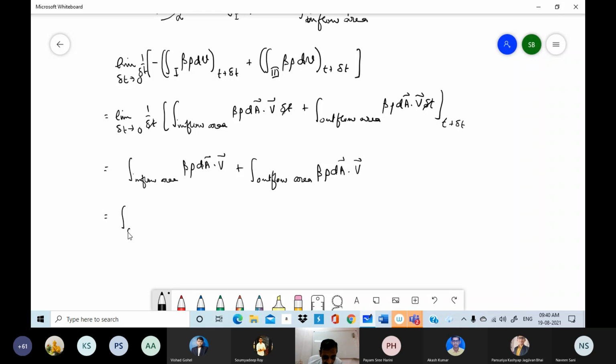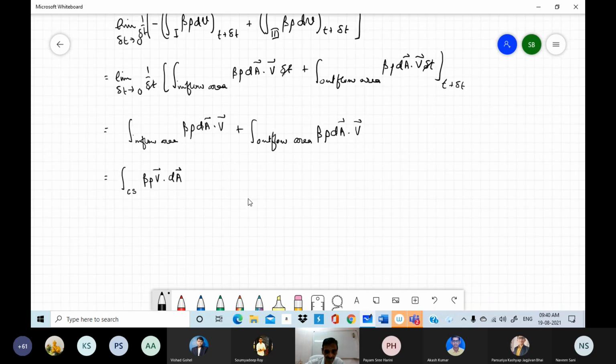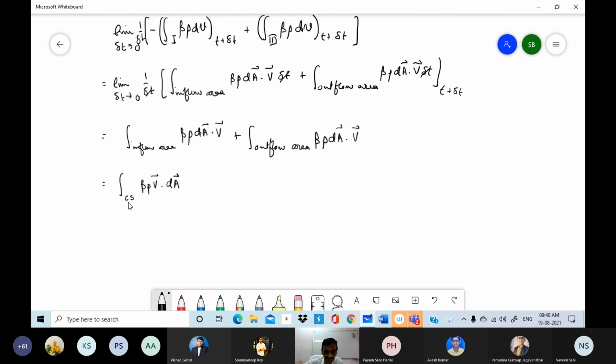So CS denotes control surface. Control surface is the boundary of the control volume. So this was at t plus delta t. So this to leading order, it is the value at t.